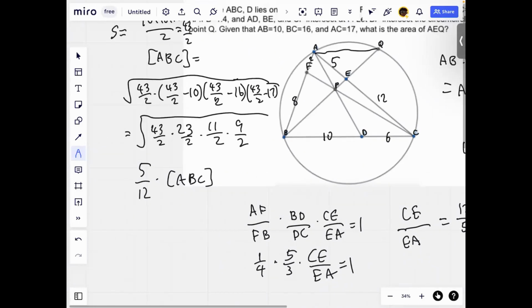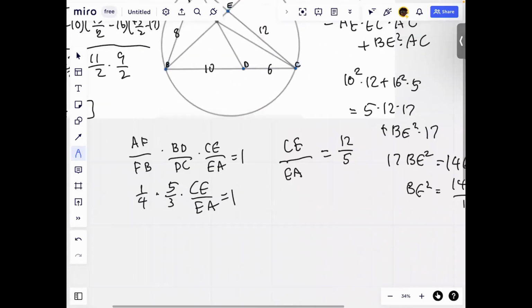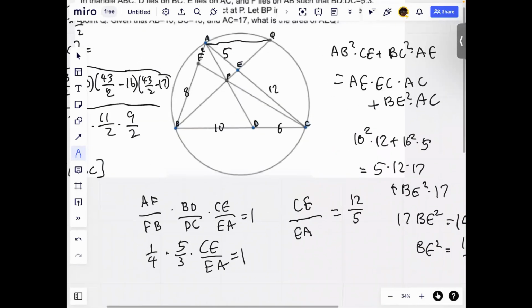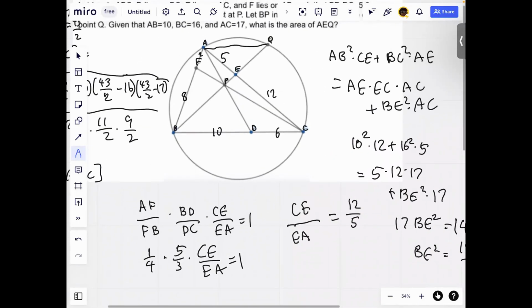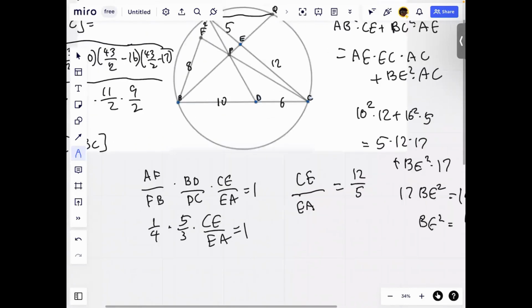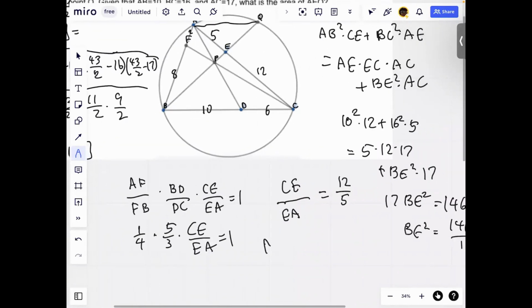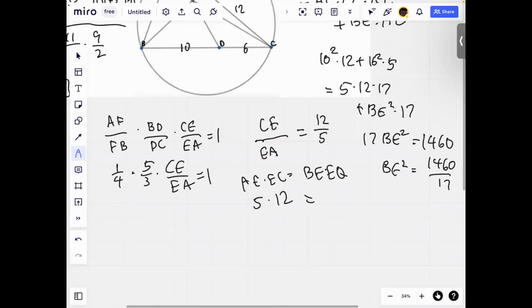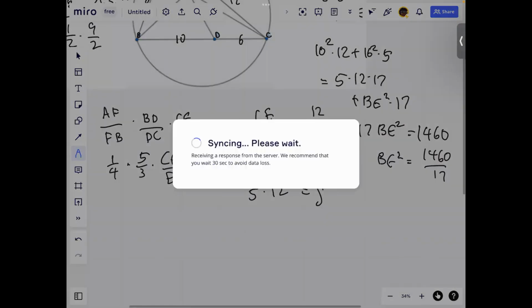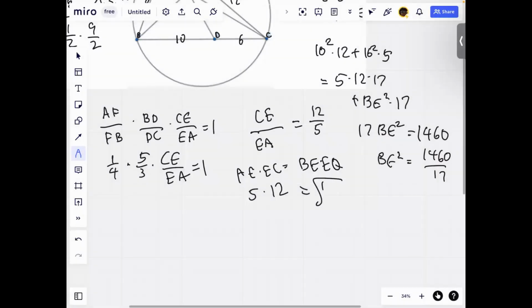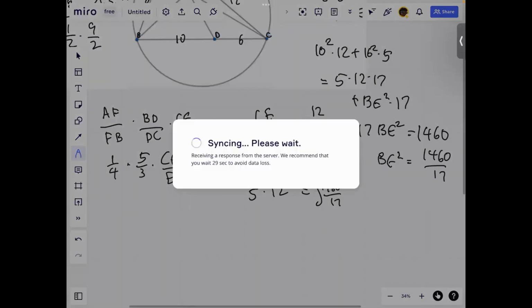So EB we got was the square root of 1460 over 17, and in order to find EQ, we use Power of a Point. Power of a Point basically says that AE times EC is equal to BE times EQ, and AE is 5, EC is 12, and BE is just the square root of 1460 over 17.